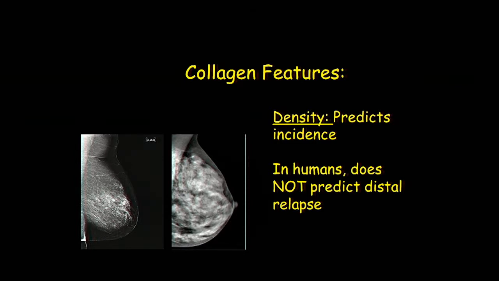By long-term outcome, I mean, are you going to get breast cancer again, or are you going to die from breast cancer? Breast density is very clearly linked to getting breast cancer in the first place. But the jury is still out about what its role is long-term. It doesn't seem to predict long-term relapse. In some studies, it actually predicts good long-term outcome. So we started thinking maybe the structure is what matters and not the amount.